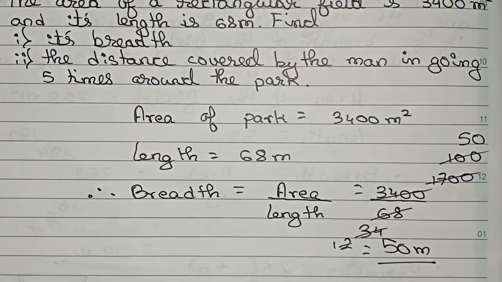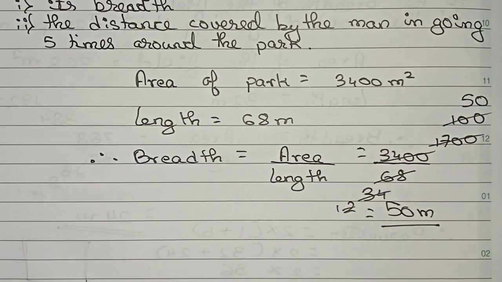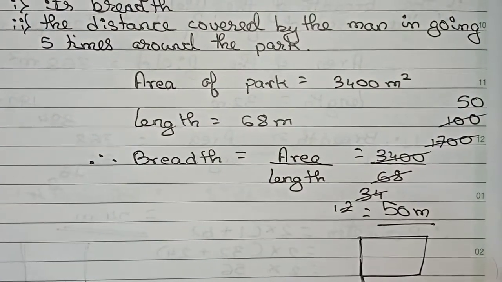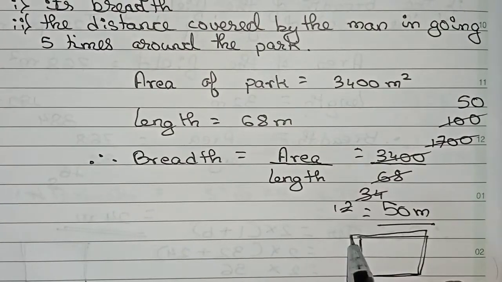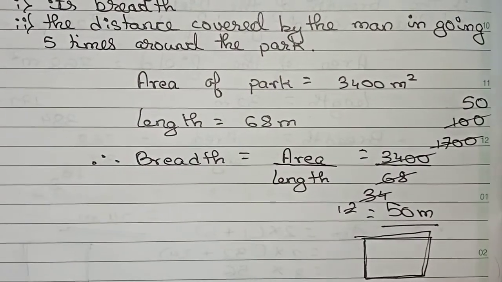Now in the next question it is given the distance covered by the man in going 5 times around the park. Around the park means he is covering the boundary. That means this is the distance covered by him, the boundaries. To find the boundary length, you have to find the perimeter.